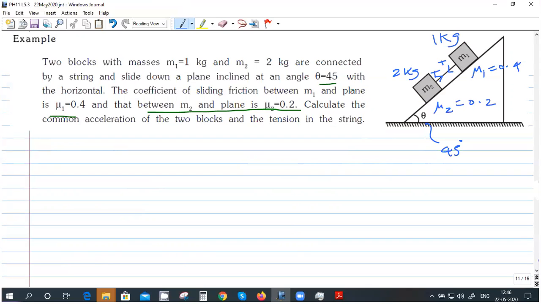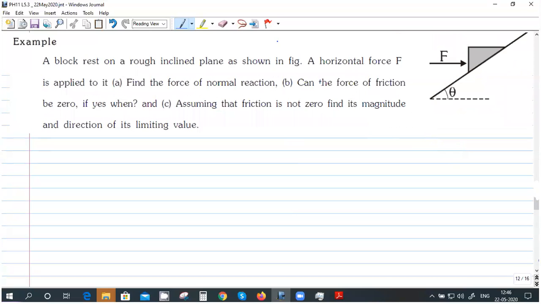And there is a common acceleration. So I think you can solve this on your own.